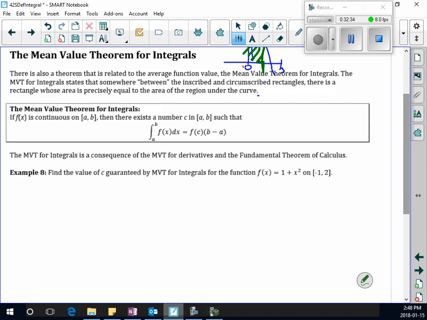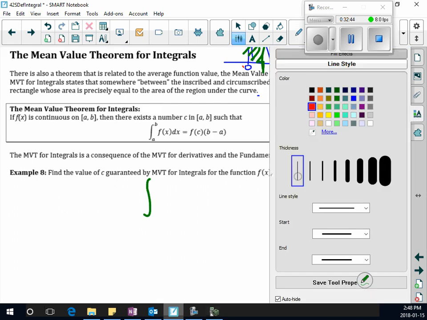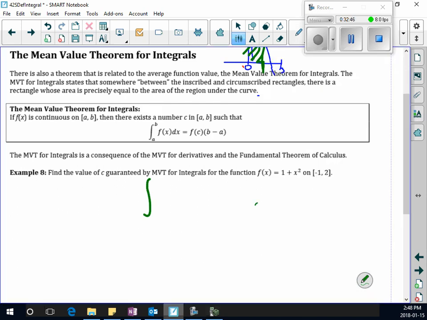So if I were to plug this into this MVT formula, what would I have? The integral, what's my lower limit? Negative 1. What's my upper limit? 2. And what's my function? 1 plus x squared dx. That is equal to some f of c, right?